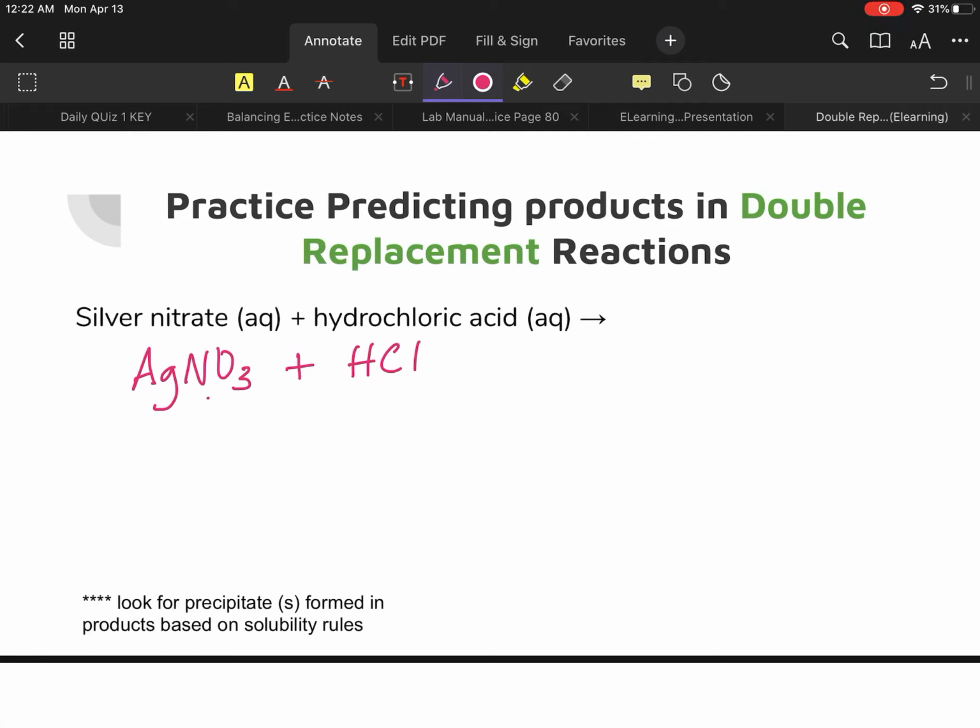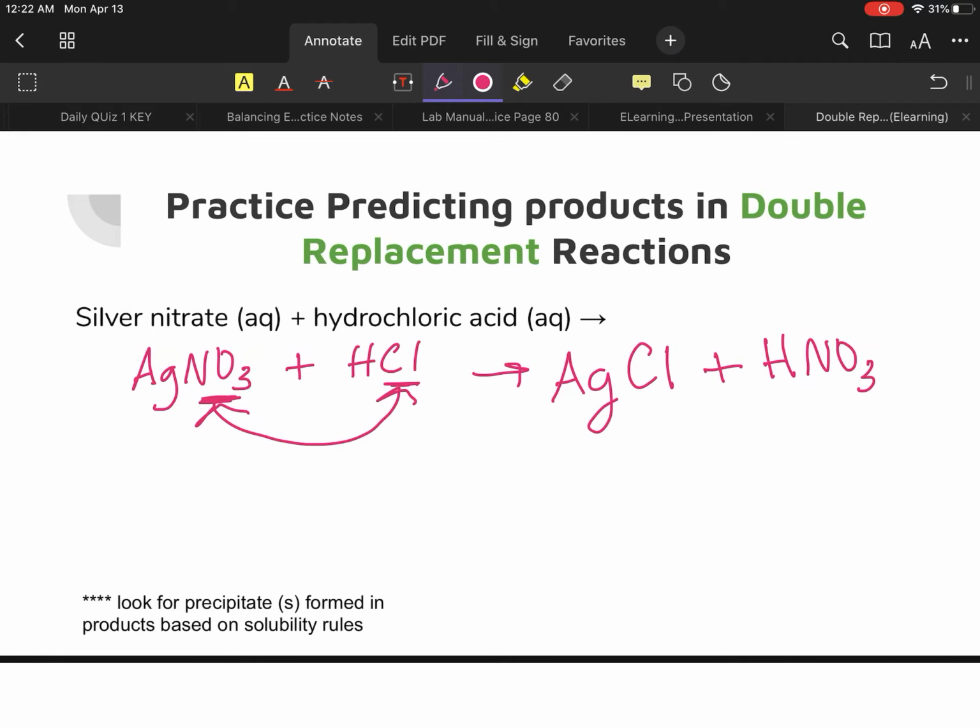If I swap these, I'm left with my silver in the same place, and now I have a Cl, plus my H in the same place, but now I have nitrate. Luckily all these are 1 plus or 1 minus, so their charges just cancel out once they crisscross. I don't have to worry about adding any subscripts.